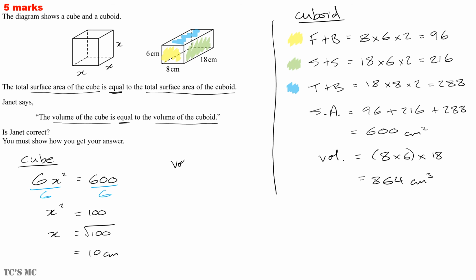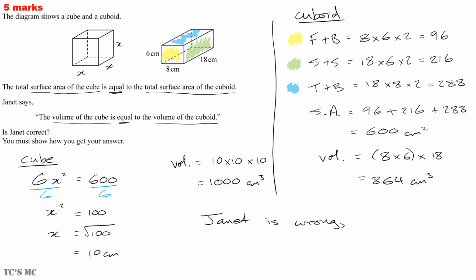The volume of the cube is the same, cross-section area multiplied by length. Cross-section in this case would be 10 multiplied by 10, and then the length is also 10. That gives us 1000 cubic centimeters. Now we have our fourth mark. We now need to say whether or not Janet is correct. Janet is wrong.